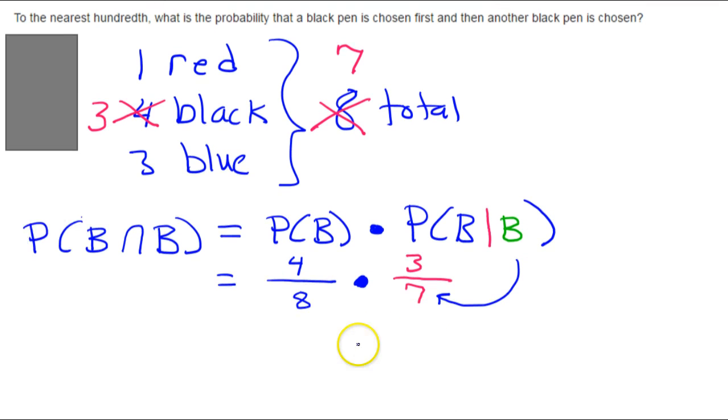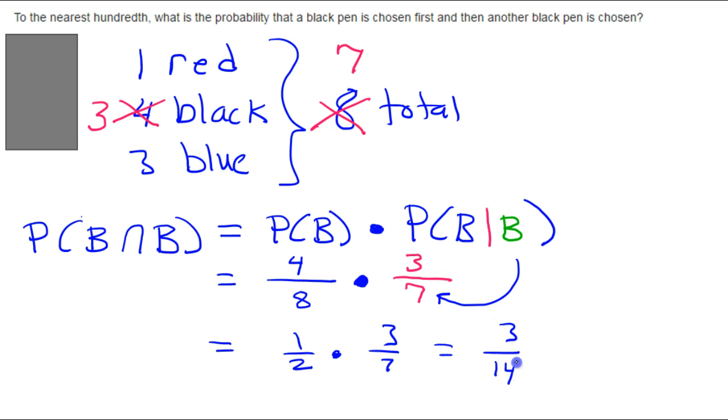So now we can go ahead and finish the problem. Of course, 4 out of 8 is really just 1/2. So it's 1/2 times 3/7. 1 times 3 is 3. 2 times 7 is 14. So 3 out of 14. Now this time they said the nearest hundredth, so that means they want a decimal.